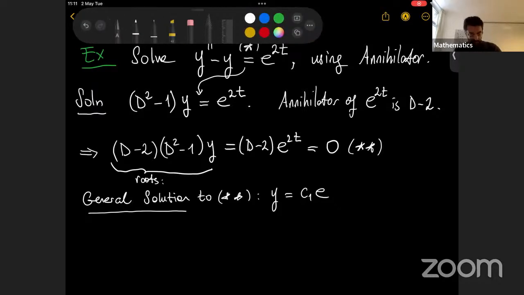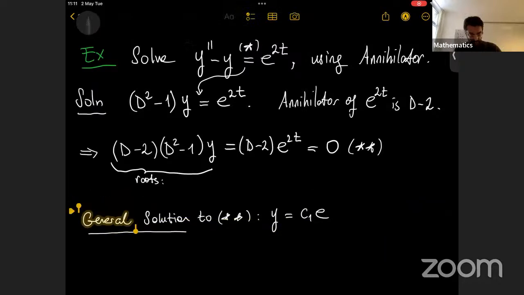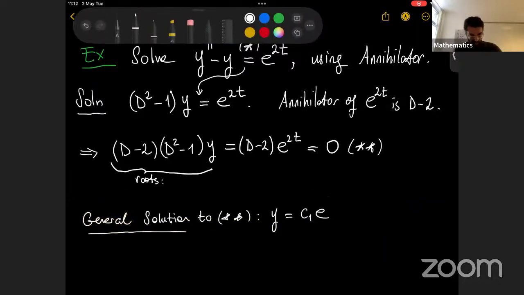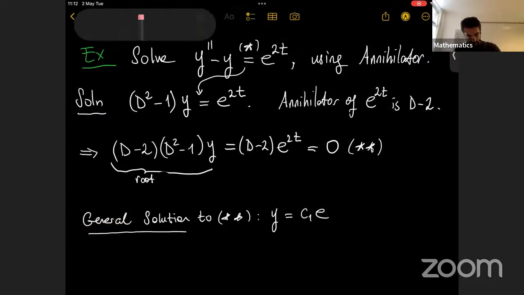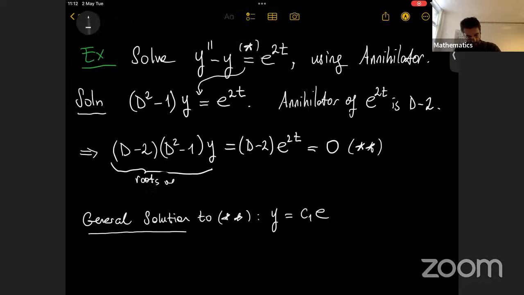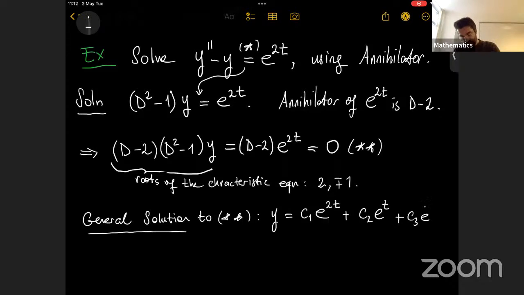Roots of the characteristic equation are 2 and plus minus 1. This will give you the general solution to the homogeneous equation. So it's going to be C1 times e to the 2t plus C2 times e to the t plus C3 times e to the minus t.